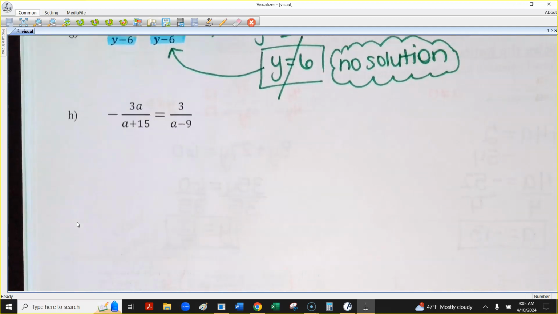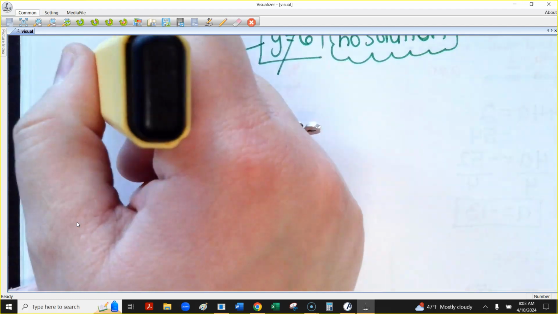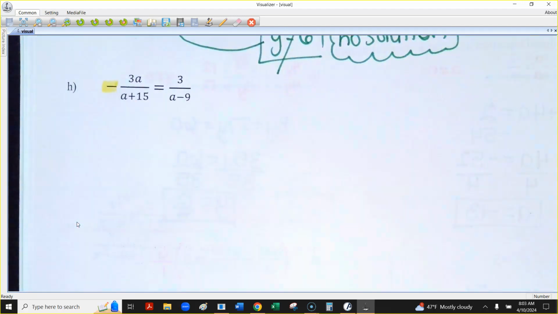Okay, now I put this next one on just because I think people have a rough time trying to figure out what to do with this negative. This has a little negative out in front of this fraction. So it's totally up to you, but you either attach the negative to the top of the fraction or the bottom of the fraction, not both.